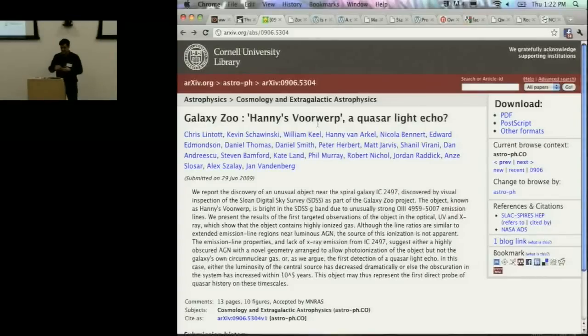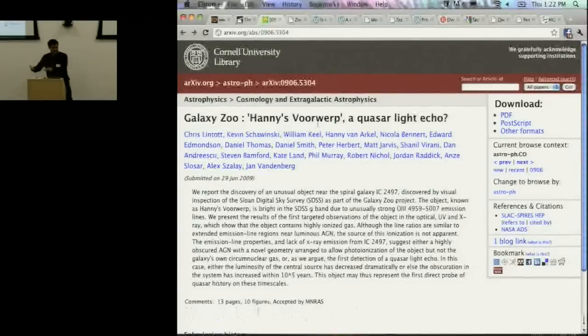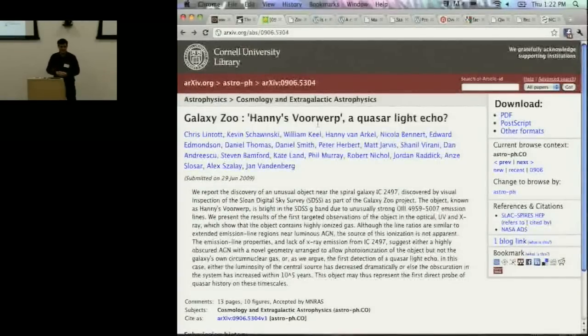In particular, what we now see as the Voorwerp, that blue gas cloud, was actually a nearby dwarf galaxy whose gas was being heated up by the quasar. What we're seeing is the remnants of that heating, and basically it's just glowing with the remnants of that energy. And for reasons that nobody really understands very well, the quasar has since turned off.